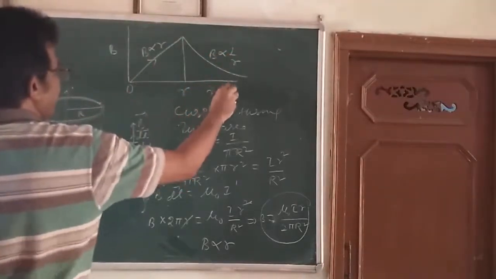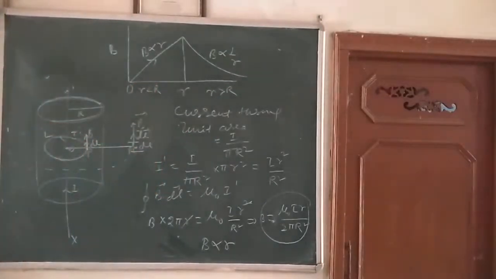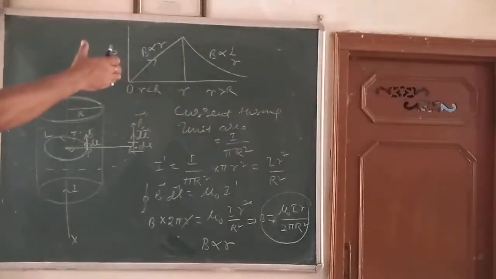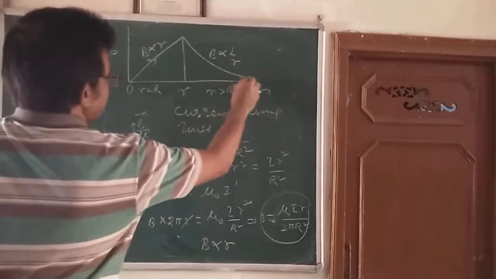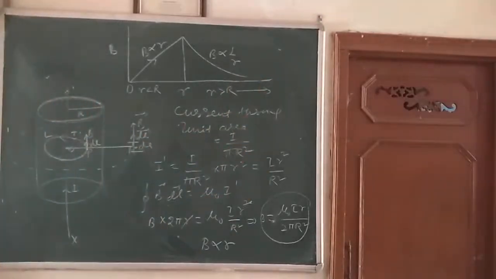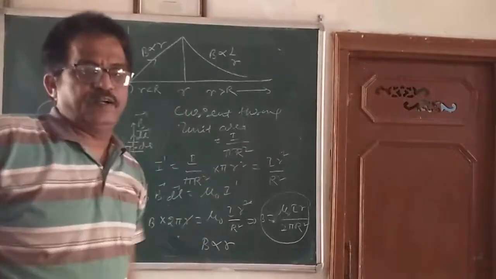Here r is less than R, and outside r is greater than R. So if I plot a graph between magnetic field induction B and distance r, it is something like this. Is that clear? I hope all of you have understood it.